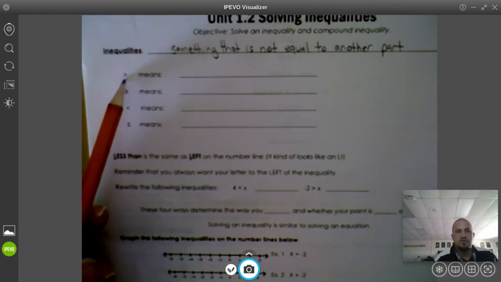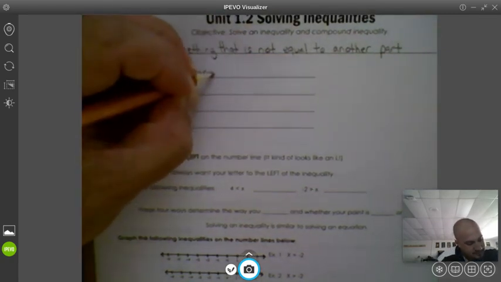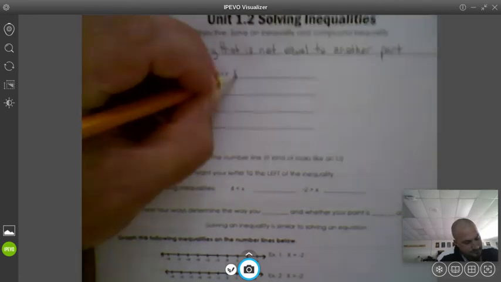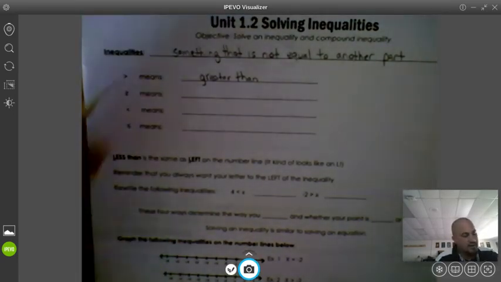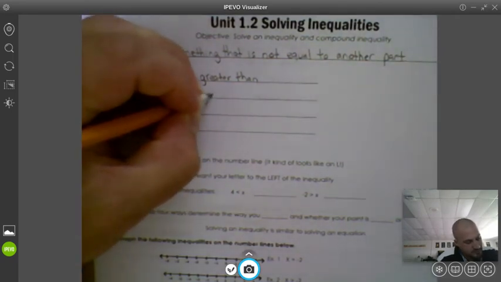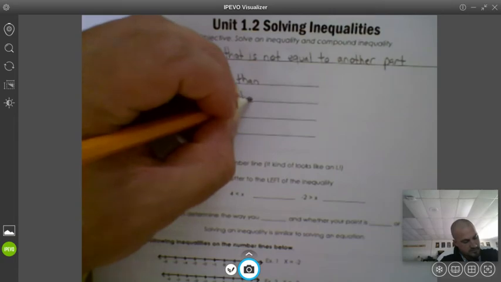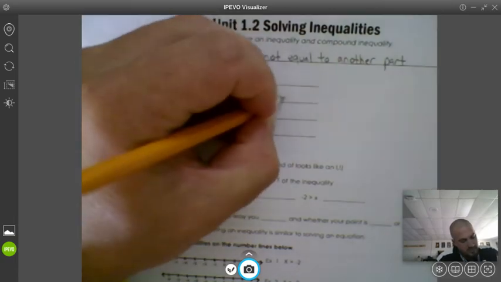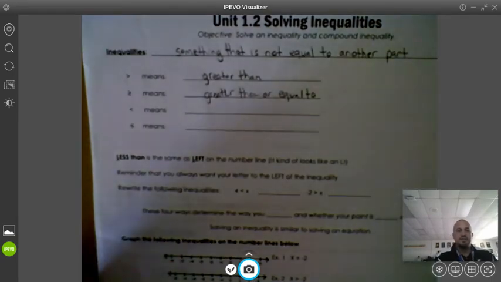So this first one is a greater than. So that means greater than. Our second one means greater than or equal to. Remember, that line underneath the greater than sign gives us the equal to.